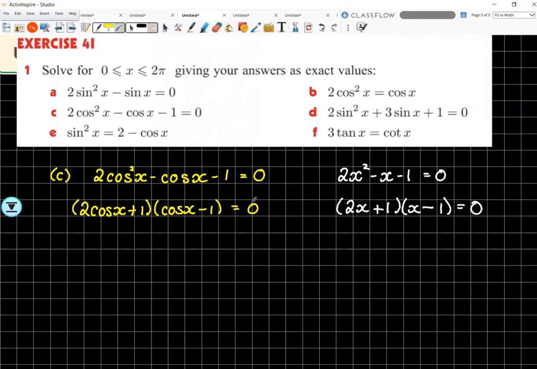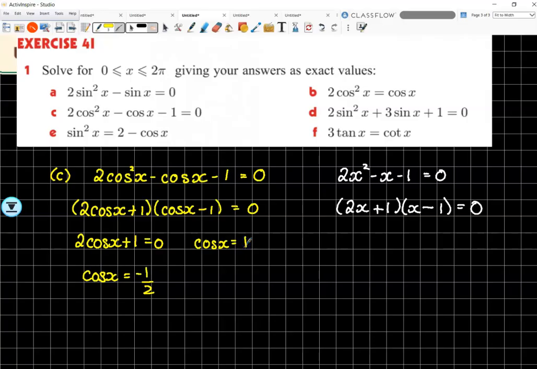We want to make sure that 2 cos x plus 1 equals 0. Now we can solve that, so that will put the 1 on the other side. It's a minus, divide by 2. So we're solving now for cos x equals minus a half. And then this one, we're looking at when cos x equals positive 1.